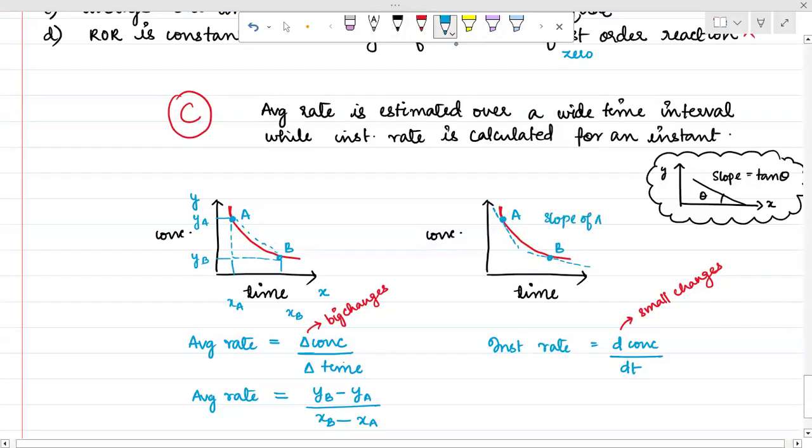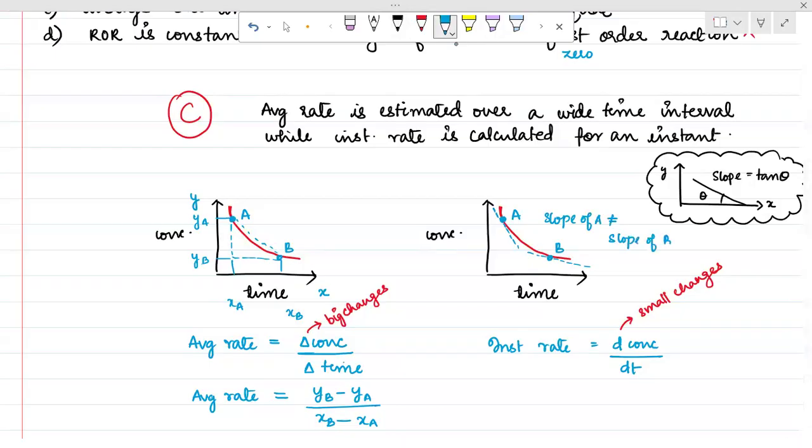Slope of A is not equal to slope of B, which means the rate at point A is not equal to the rate at point B. Correct? Because they have two different slopes. Slope of A is very high compared to that of B. Correct? So in this particular example, average rate and instantaneous rate are not equal.